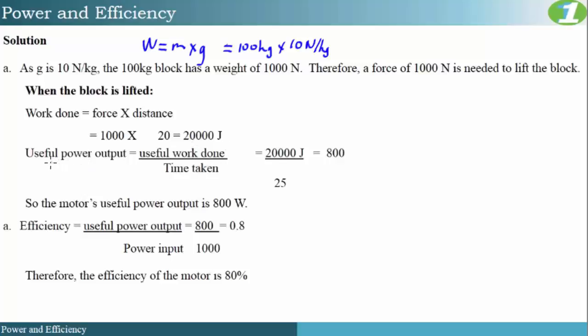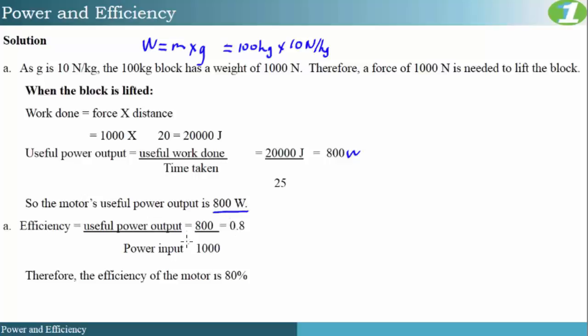Since we established the formula that useful power output is equal to useful work done over time taken, then 20,000 joules divided by 25 seconds, which is the time taken, would give us 800 watts. So the effective or useful power output is 800 watts.